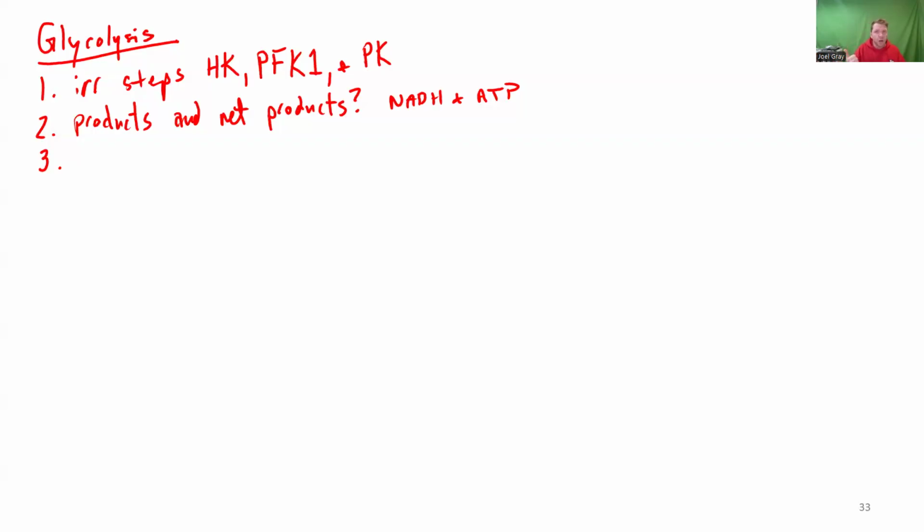You have that dehydrogenase that's going to get you that NADH. So I would say RXN, or reactions that make a product. That's kind of what I would prioritize.